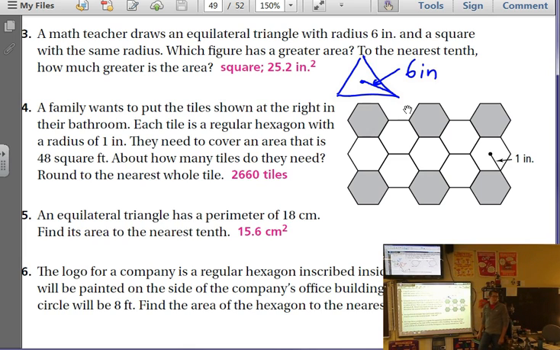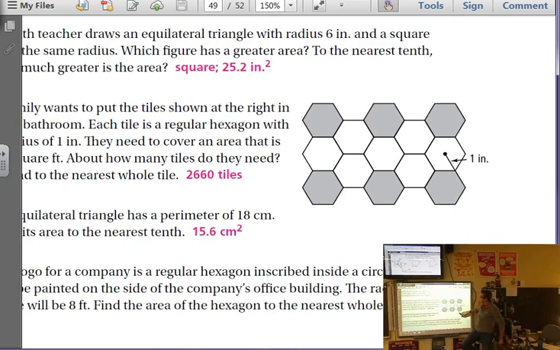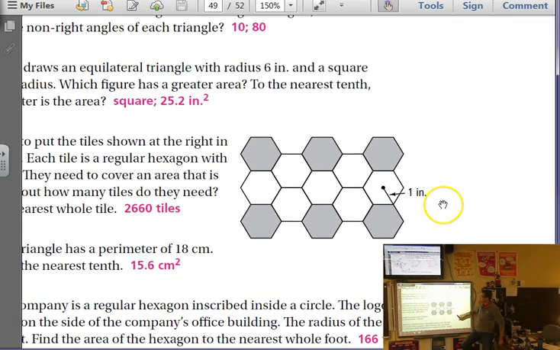No, I got that. Okay. So, which figure has a greater area? So let's just deal with the triangle first. That would also be 6. So that is really my hypotenuse. And if I, so I'm going to draw on top of stuff. I hate doing this, but we know most of our info. So actually I'm just going to slide this over.